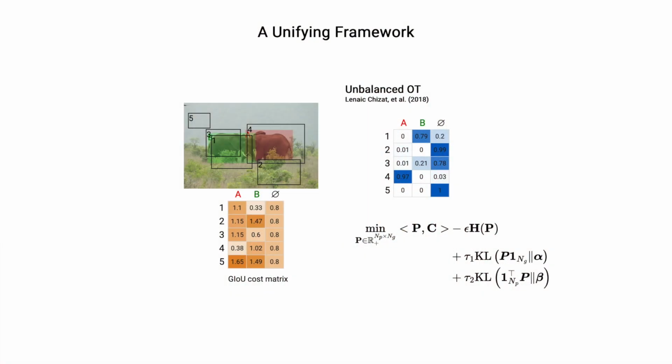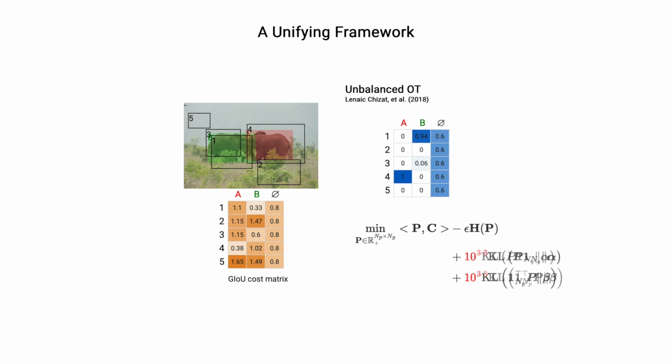However, if we only consider one constraint, this corresponds to finding the solution to the closest, as mentioned earlier. In this case, each prediction to the best ground truth object. And in this other case, each ground truth object to the best prediction. And when regularizing the problem, we transform it from a maximum into a softmax.